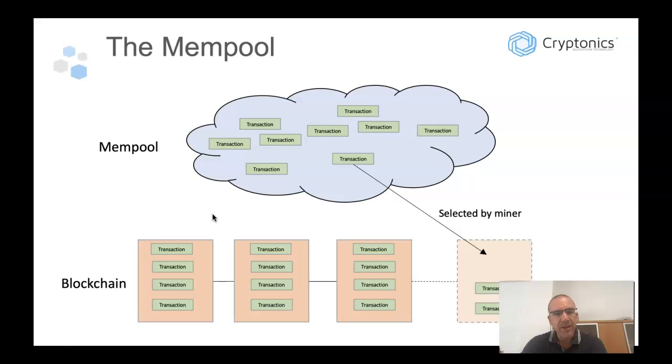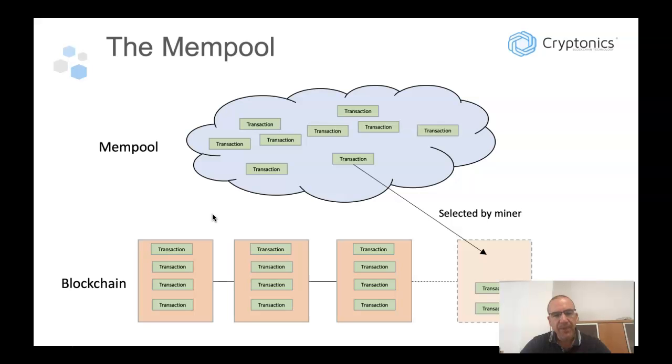The miners choose transactions from the mempool to include them in blocks, and depending on how busy the network is, the transaction can be in the mempool for quite a while.